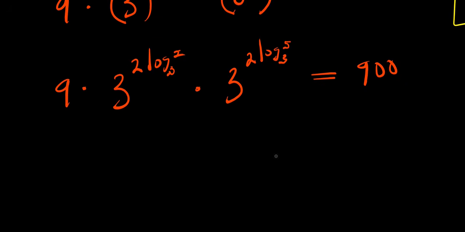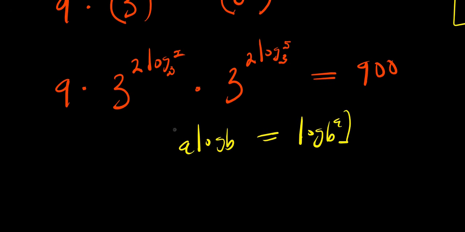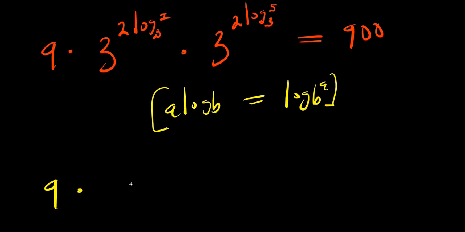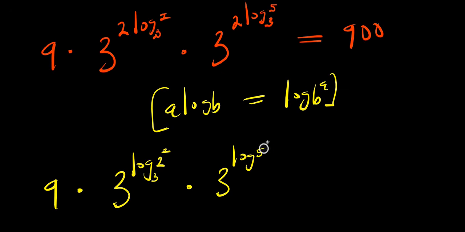Now, if you have a log b, this is just like writing log b power a. So we have 9 times 3 power log 2 power 2 to the base of 3 times 3 power log 5 power 2 to the base of 3 equals 900.